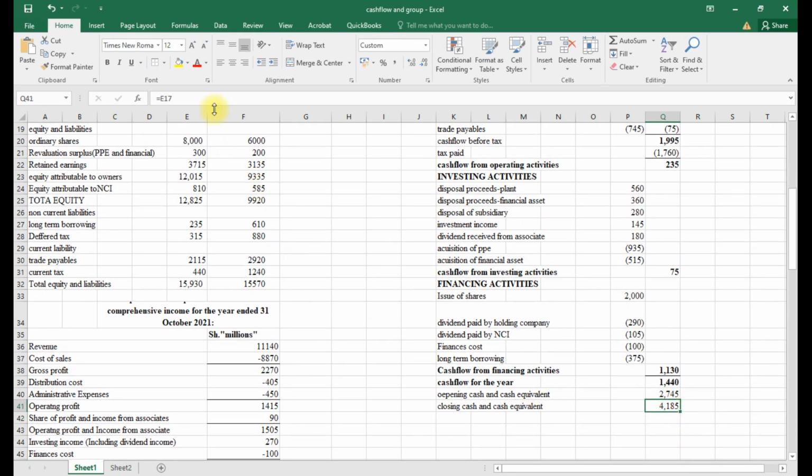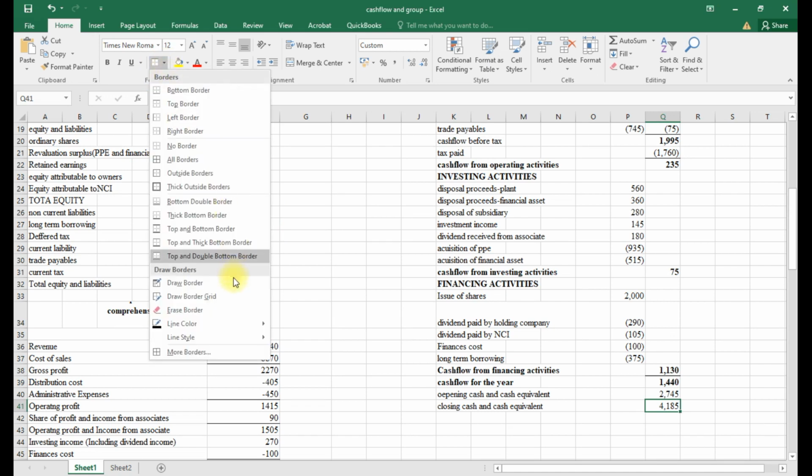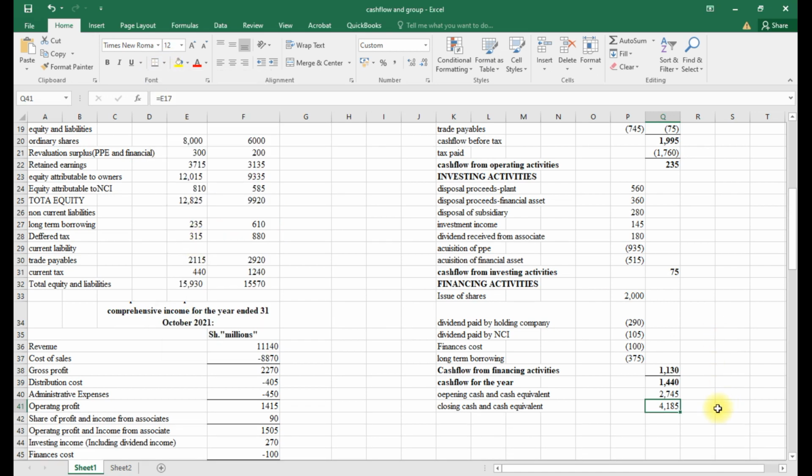Then I put the top and bottom border, so I'll just check here to see whether we have gotten our value. So I put alt equals here, we need these two, we'll find that it is giving us the same value, 4185.